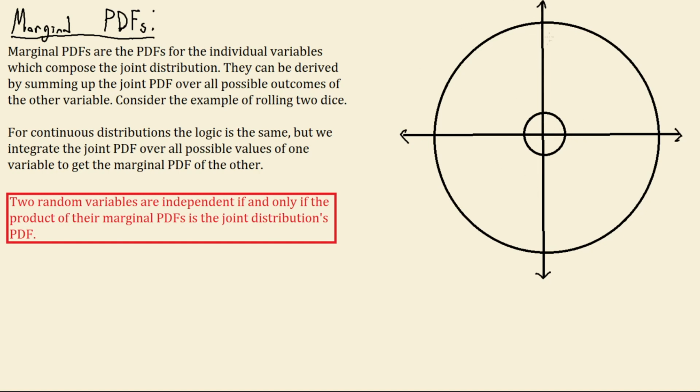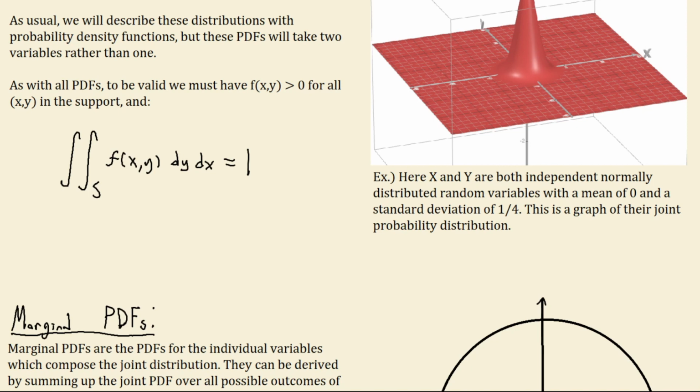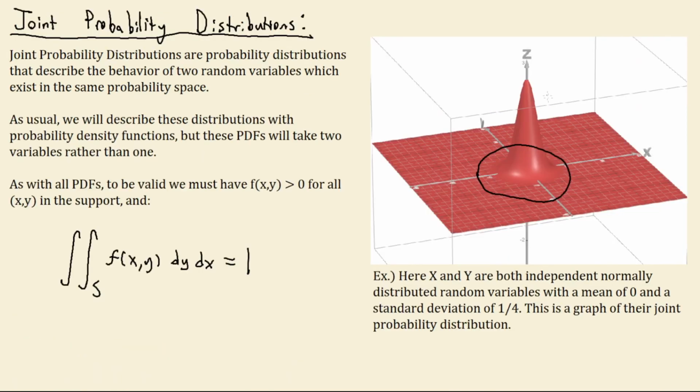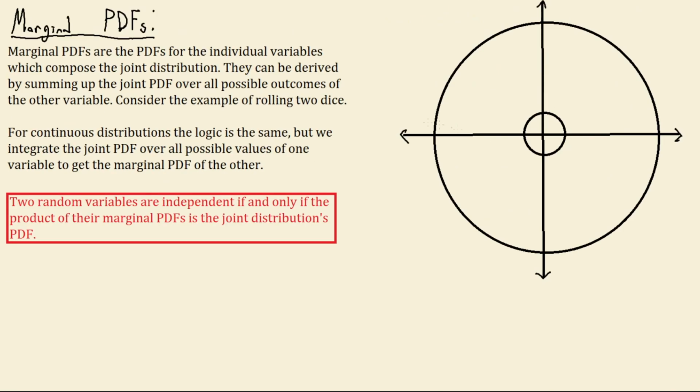If you were to zoom out and look at this from the perspective, like if this was in the xy plane, let's say it was the circle here, this is the dartboard, then the probability density function is going to be something like this. It's going to be some surface. And if we wanted to get the probability of the x-coordinate of our dart being within some range of values, let's say a to b, we would have to integrate over that surface from a to b.